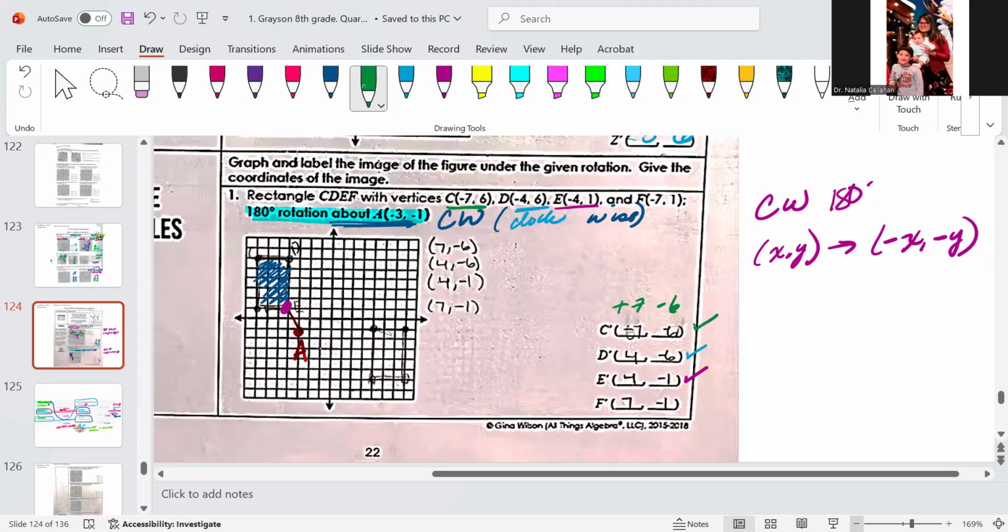Do you have that? So change that. Correct? (7, -6). And then for F, it's (7, -1). Perfect. All right, so then let's go ahead and take a look at this. This right here, go ahead and go grab that for me. Thank you.